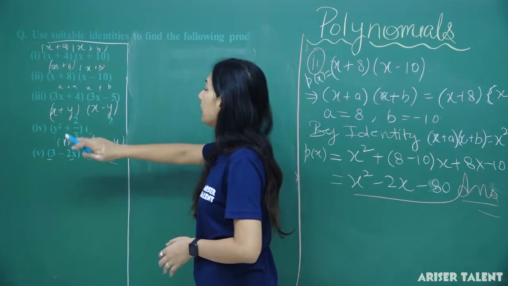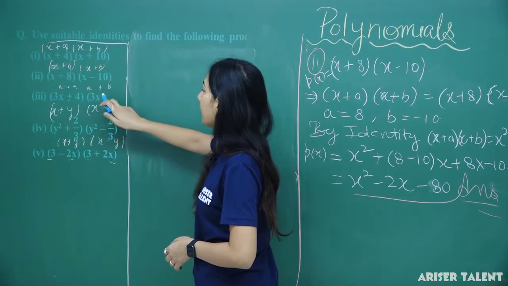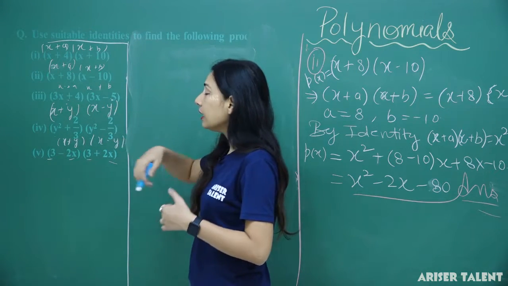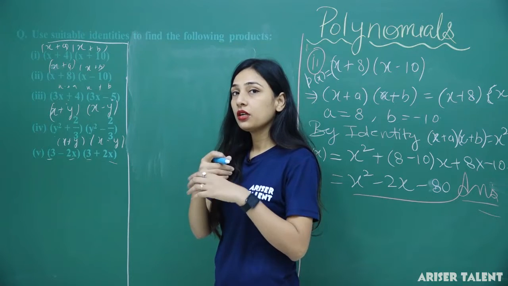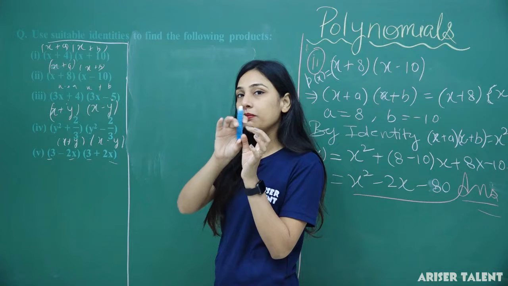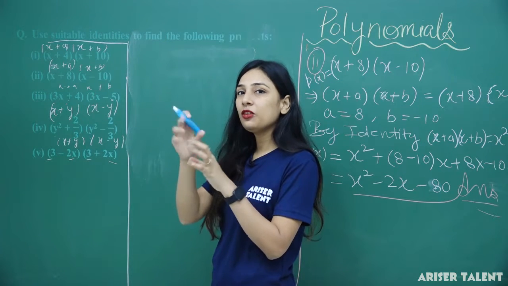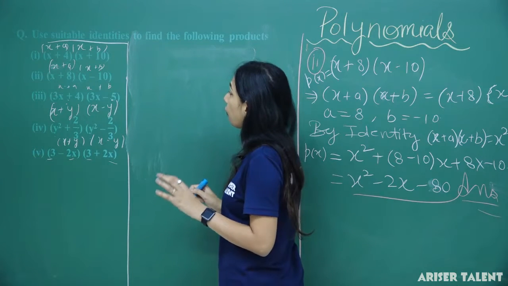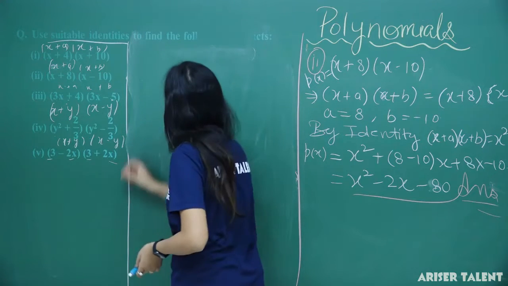That means whether plus is going to be there or minus is going to be there, there is no change. You'll just change your a and b. Like a will be minus of that something and b will be minus of that something. There is nothing changed in that. Okay, so the formula will be used the same. Now this is the third one.